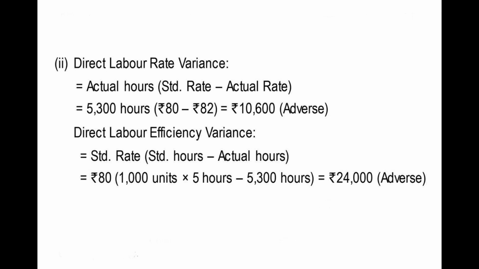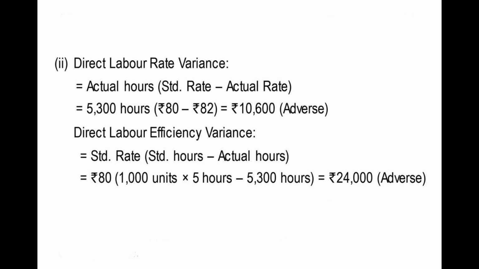How? 1,000 units of final product we have made. Yes or no? Yes. So 1,000 units of final product. Each and every unit required 5 hours. So multiply 1,000 units with 5 hours. The resulting figure will be called standard hours. So standard hours is how much? 5,000 hours.